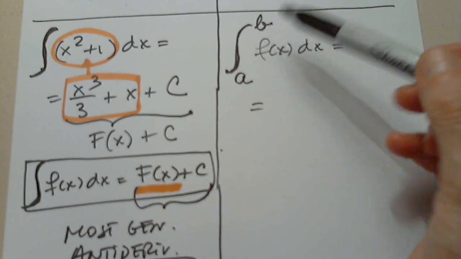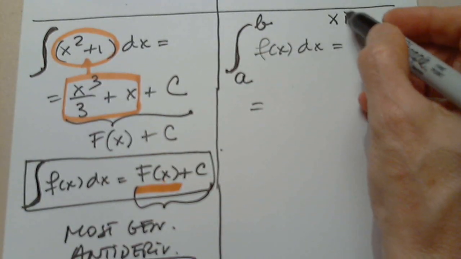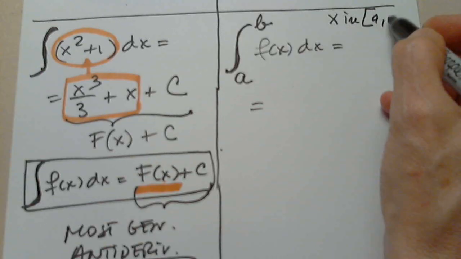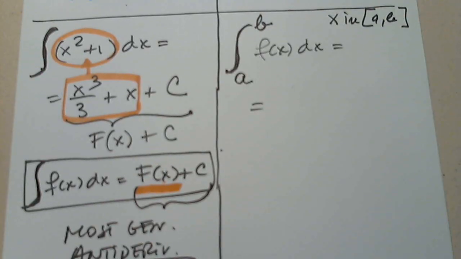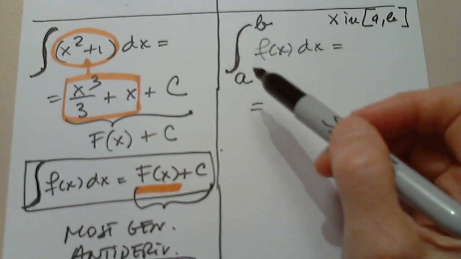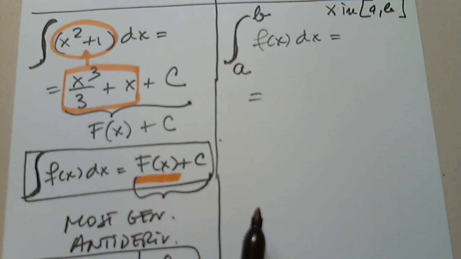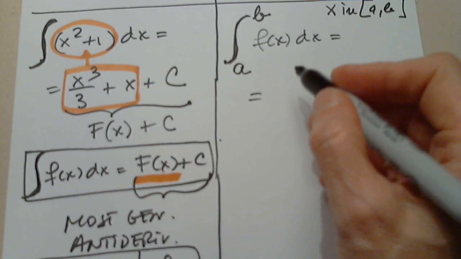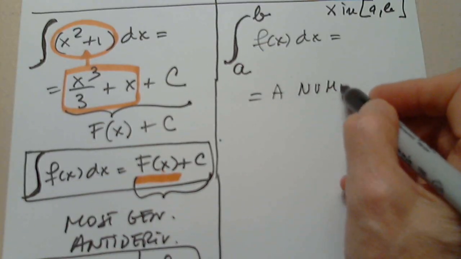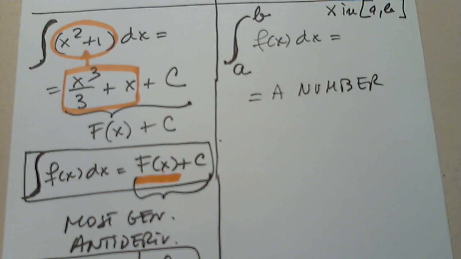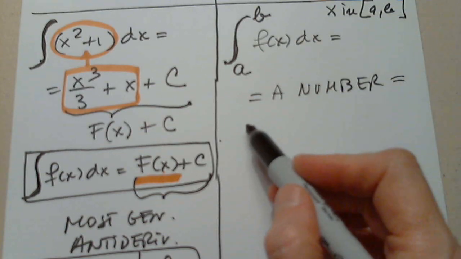What do they mean? It means that x is in the interval a comma b and nowhere else. That's all it means. So the definite integral from a to b of f of x dx will be calculated, and it's a number. It's not a function. It's not a family of functions. It's a number. And how do we calculate that number?